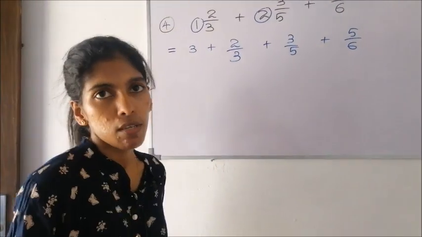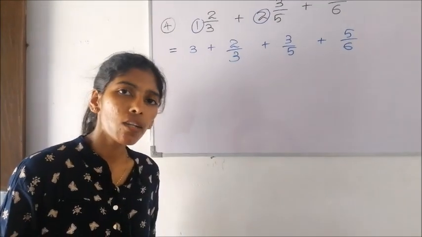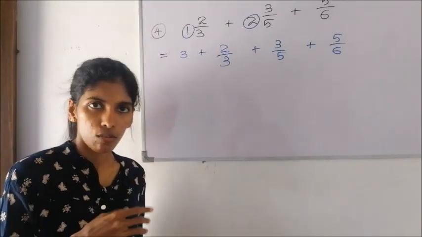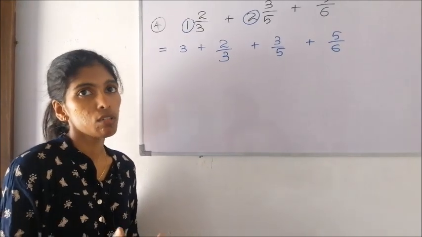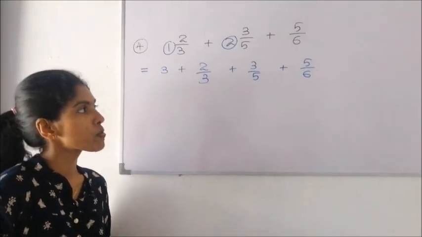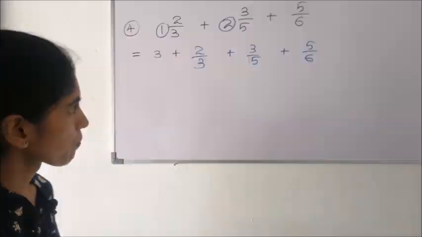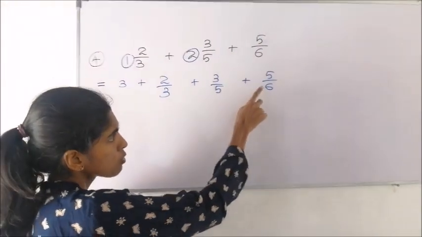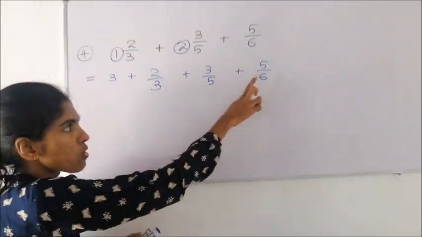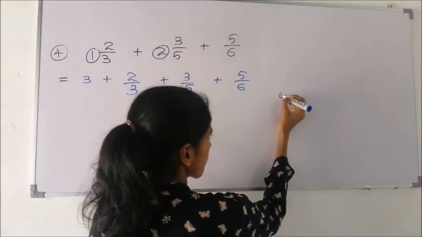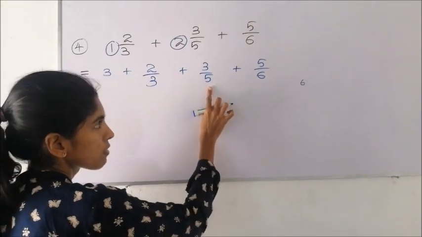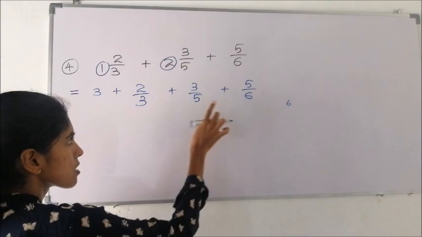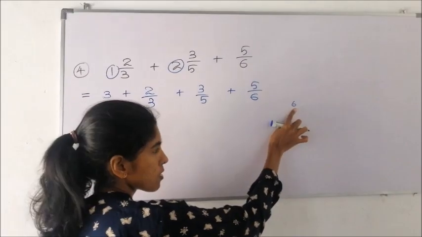There are different ways to find the LCM. In your mind you can find the LCM, or use any method that you learned in grade 7, or else the short method. What is that? Out of these three denominators, what is the biggest one? 6. Take it firstly. Is 6 divisible by 5? No, but 6 is divisible by these two, not by 5. So this is not the LCM.